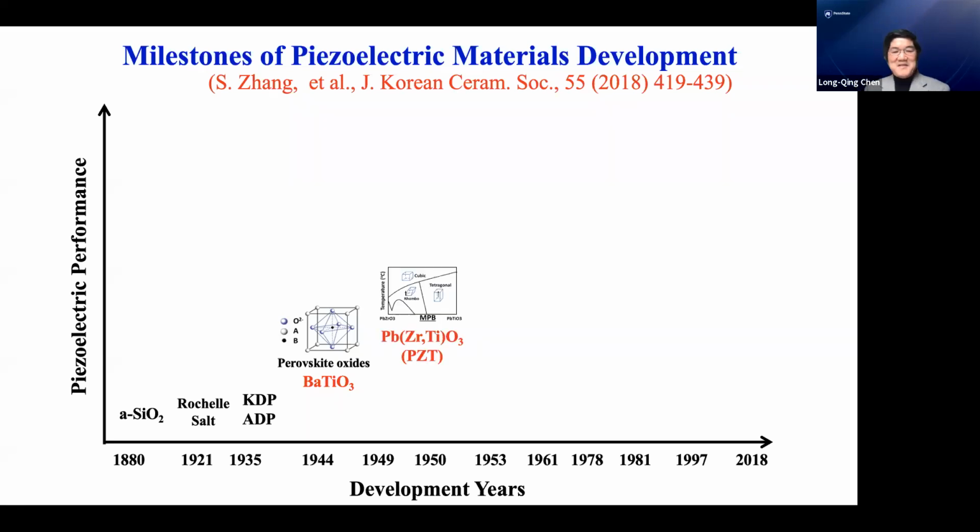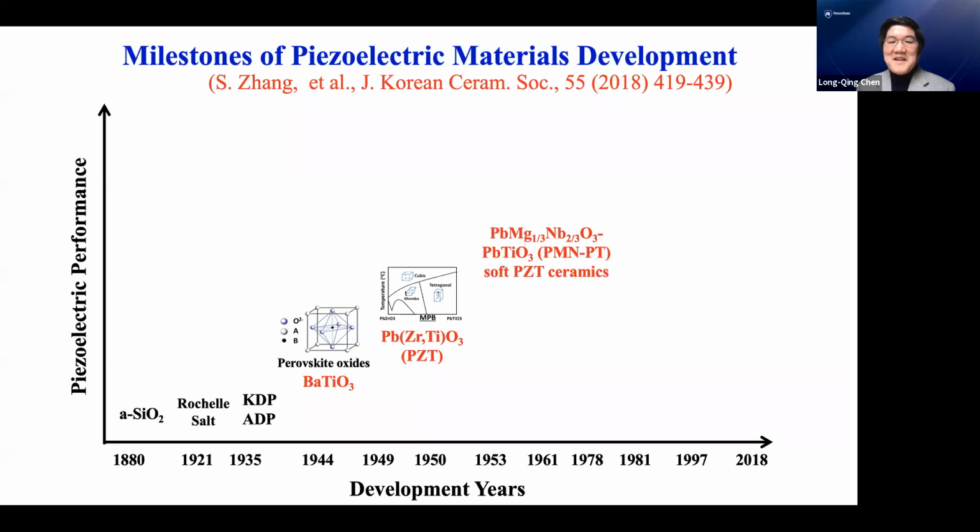And then in the 1950s, the discovery of PZT, which is really a solid solution of lead zirconate and lead titanate, and it has a so-called morphotropic phase boundary. Around the morphotropic phase boundary, there's a phase coexistence of rhombohedral and tetragonal phases. So it also has a much higher piezoelectric response than single crystals like barium titanate or barium titanate ceramics.